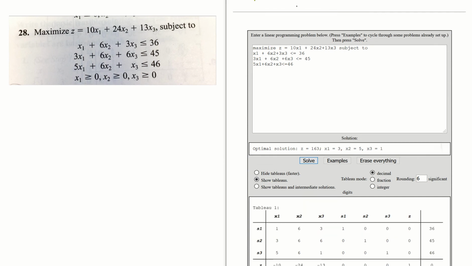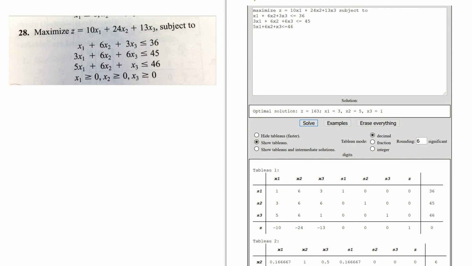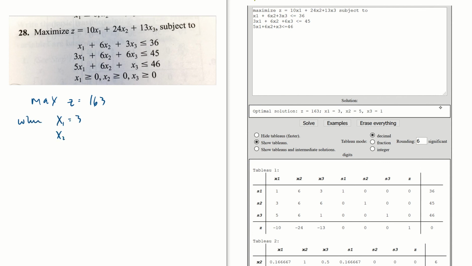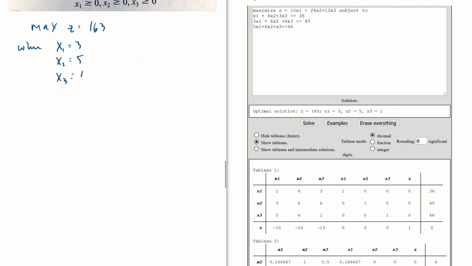There's my solution. Again, for you to show me that you did this, you're going to say the max is z equals 163 when x1 equals 3, x2 equals 5, x3 equals 1.